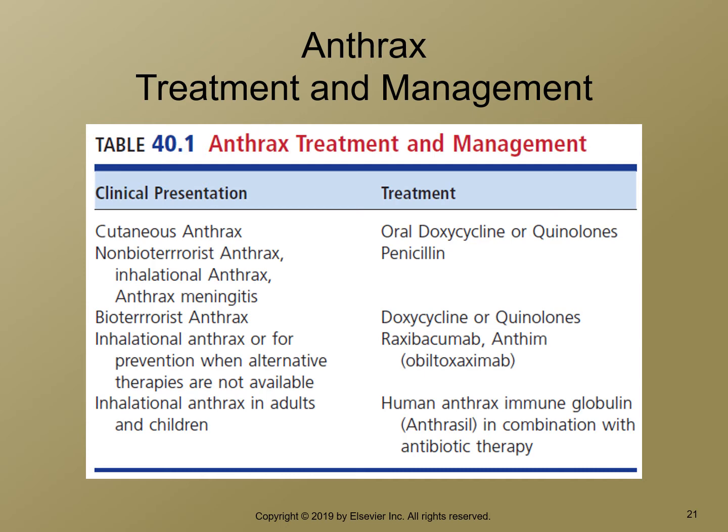Treatment options then vary depending on the clinical presentation, and these can include orally administered doxycycline, quinolones, penicillin, and even the human anthrax immunoglobulin. Doxycycline and ciprofloxacin may be used in patients who have been exposed to anthrax but have not developed symptoms. There are also vaccinations available, but these are recommended for people in endemic areas or travelers going to these areas.